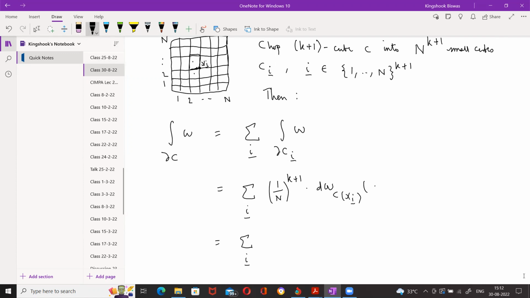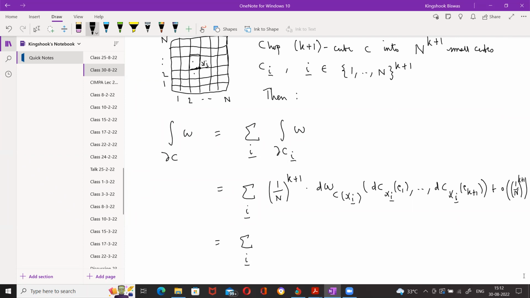So this will be DC at the point x I bar of E1 up to DC at the point x I bar of E k plus 1. And then I have this term which is little o of 1 over n to the k plus 1.